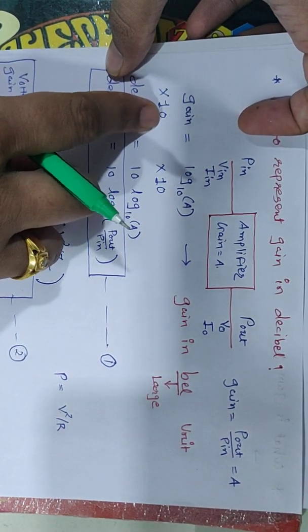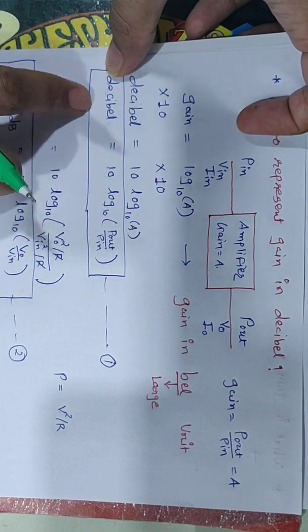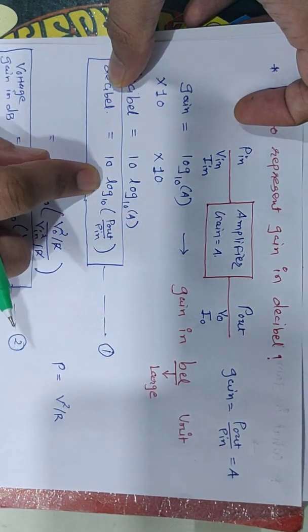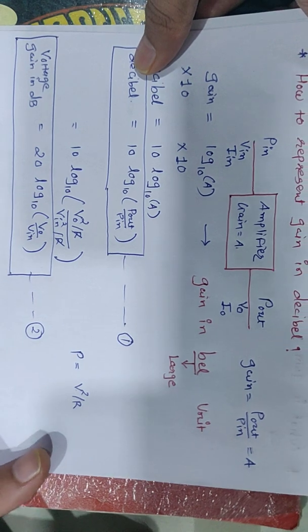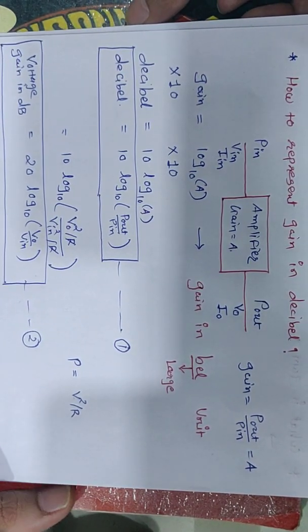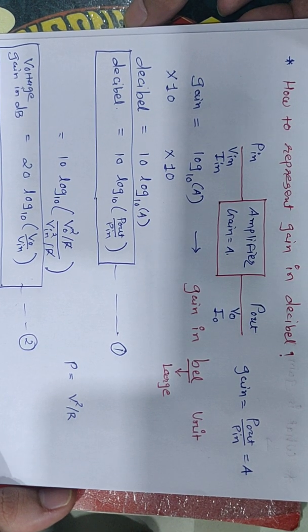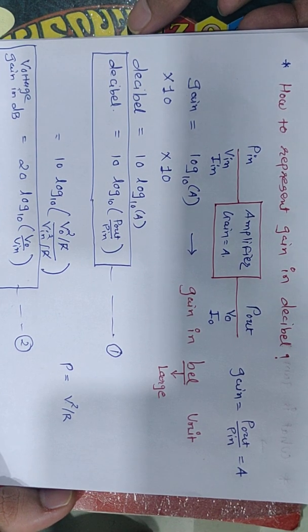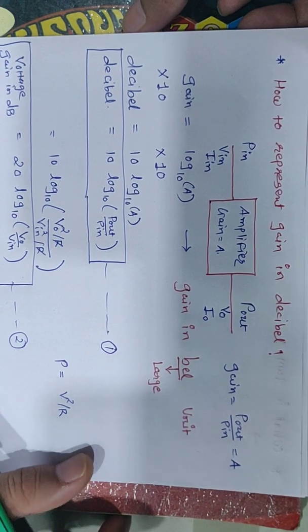So the new name, the gain in dB, is multiplied by 10, that is decibel, and the equation becomes this one. Why are we converting this gain into bel? Because it is a universal standard for any device or any particular amplifier where we are going to represent the gain. So the gain can be represented in decibel.